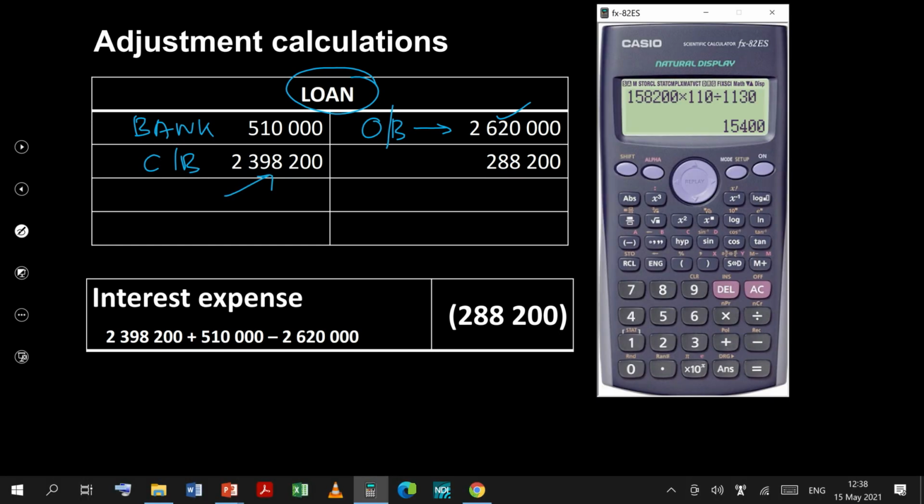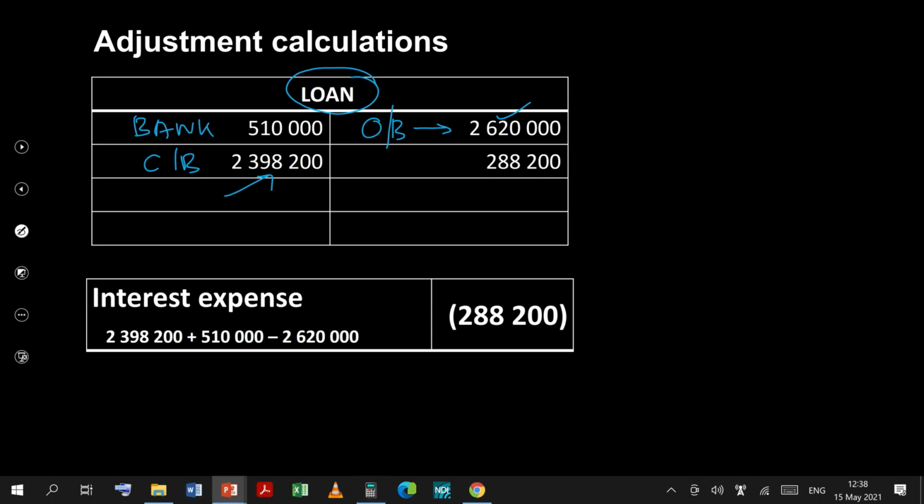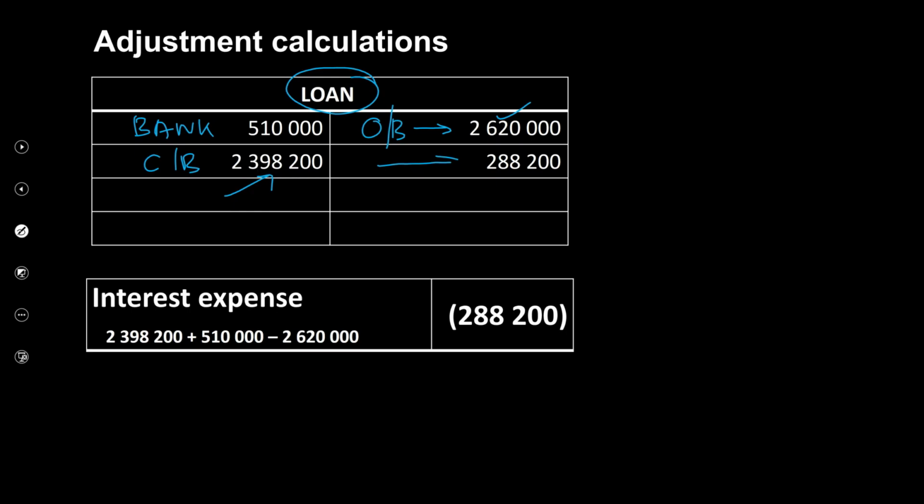All that you now do is you take your figures of 2,398,200 plus 510,000, minus your opening balance of 2,620,000, and voila, there we go. What do we have? 288,200 as the interest that is capitalized.